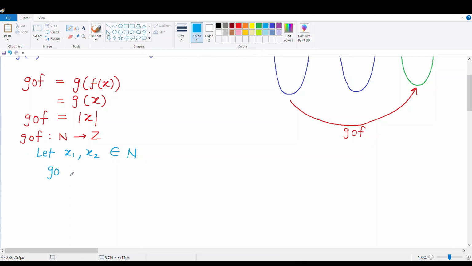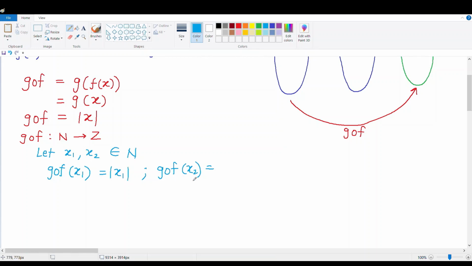Now for showing that a function is injective, we do what? We find g of f at x1 and we find g of f at x2 and we make them equal to each other. So for now, let's just find g of f of x1. So g of f of x is mod of x. That means g of f of x1 is going to be mod of x1.